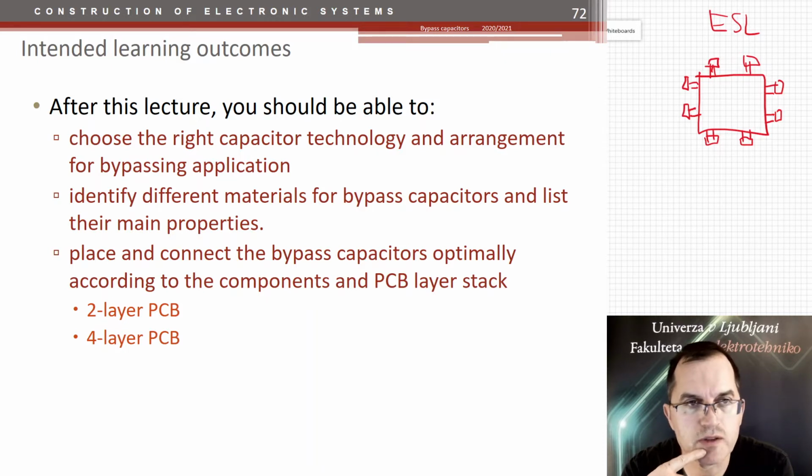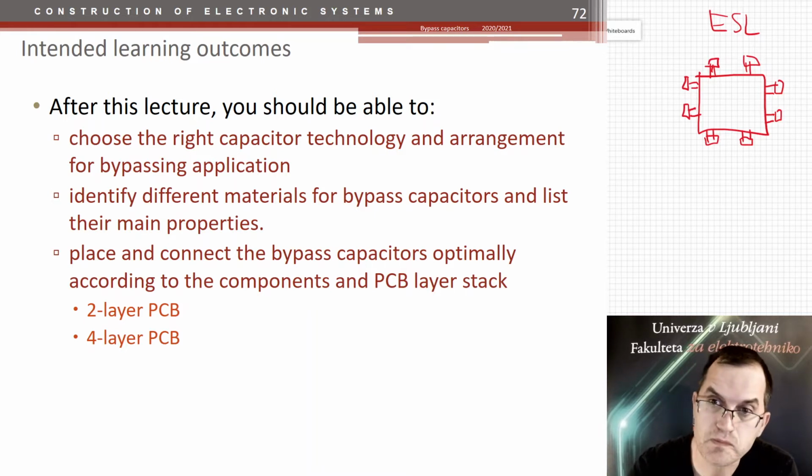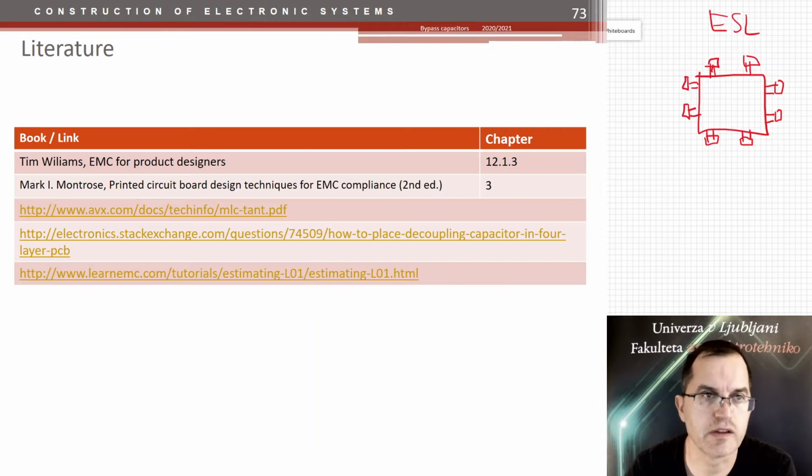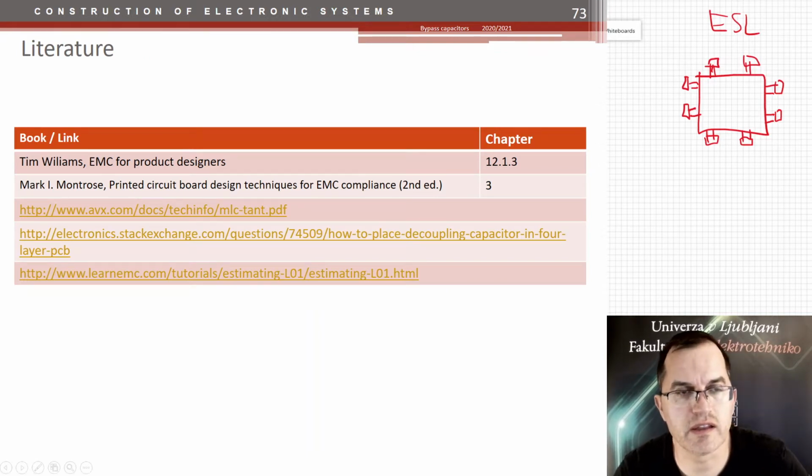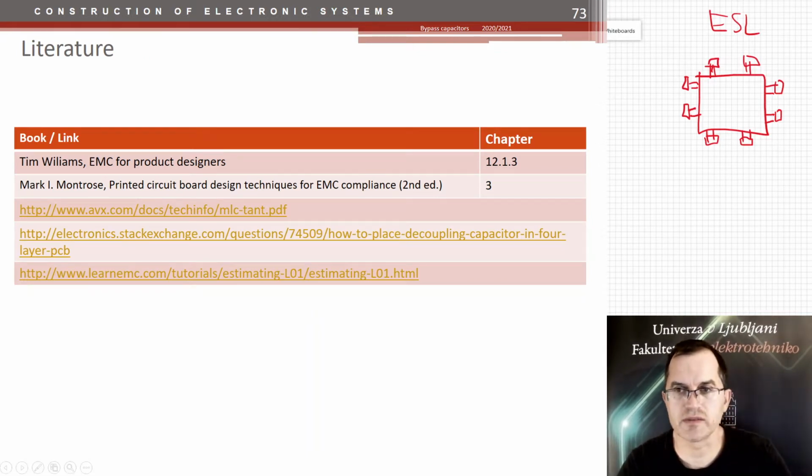You should be able to place the bypass capacitors correctly for all the components that require them in 2-layer and 4-layer PCBs. And this is a list of literature you can read to get any extra information about this matter.